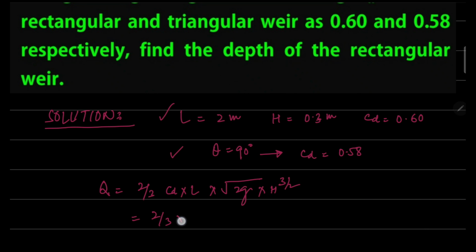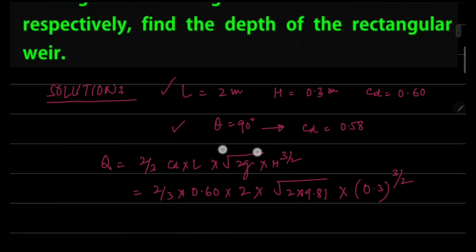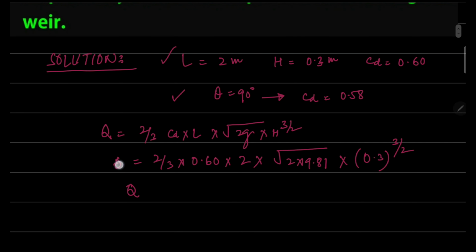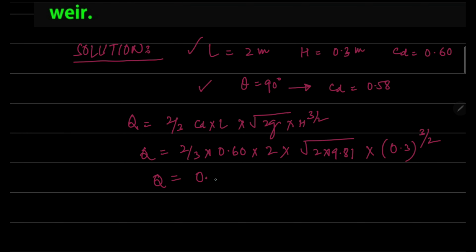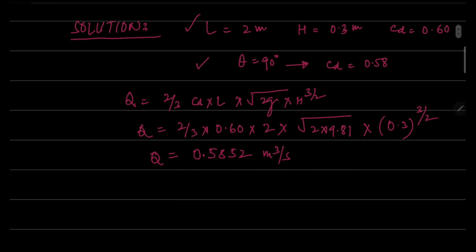So this is 2 by 3, CD value is 0.60, L value is 2, multiplied by under root 2 multiplied by 9.81 multiplied by H, which is 0.3, raised to the power 3 by 2. This value of Q we will get as 0.5852 meter cube per second. So that is the discharge we have measured from the rectangular weir.